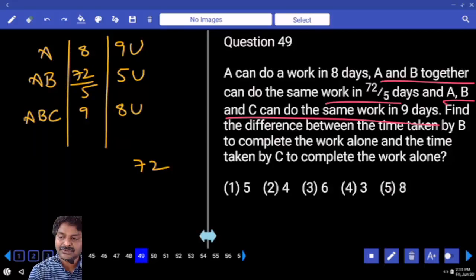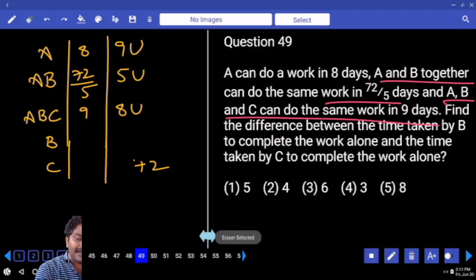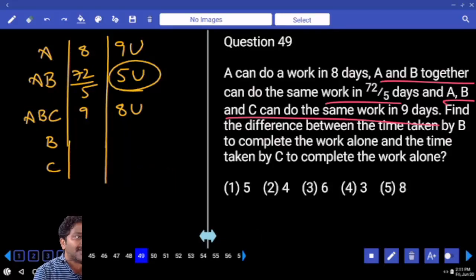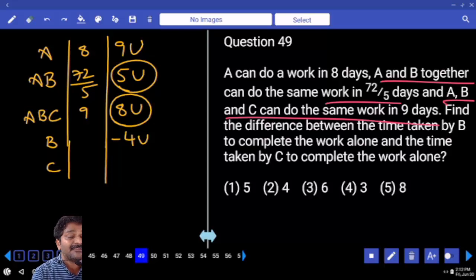Now the question is to identify about B and C. Agreed? Right. So now if A alone can do 9 units and A and B together do 5 units, that means B does 4 units of negative work only. A and B together are doing 5 units. A, B, C are doing 8 units. That means the extra work is 3 units, which is done by C only.